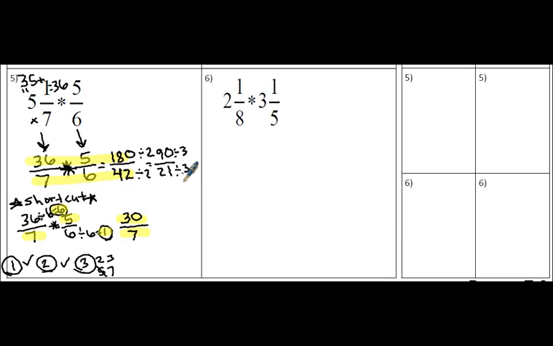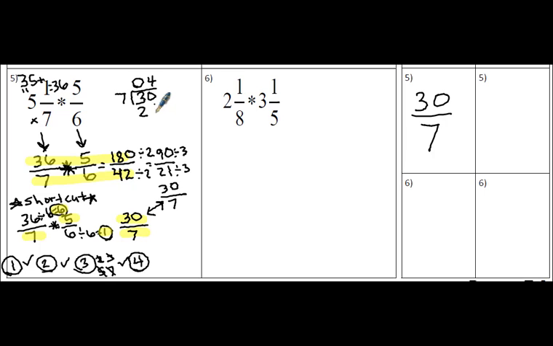And then I see that they're both divisible by 3, so I'm going to divide 90 by 3 to get 30, and 21 divided by 3 gives me 7, and I get the same answer. I can't divide by any other one, so I know that's simplified. And my final fractional answer is going to be 30/7, and I got that with both methods. So either one works, and you go with the one that is more comfortable to you.